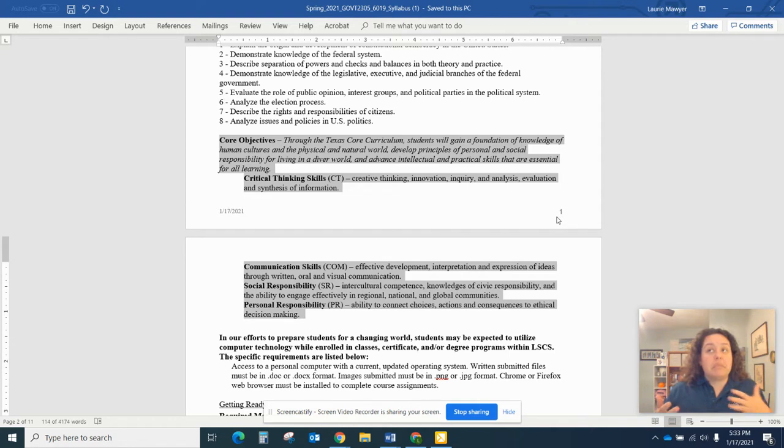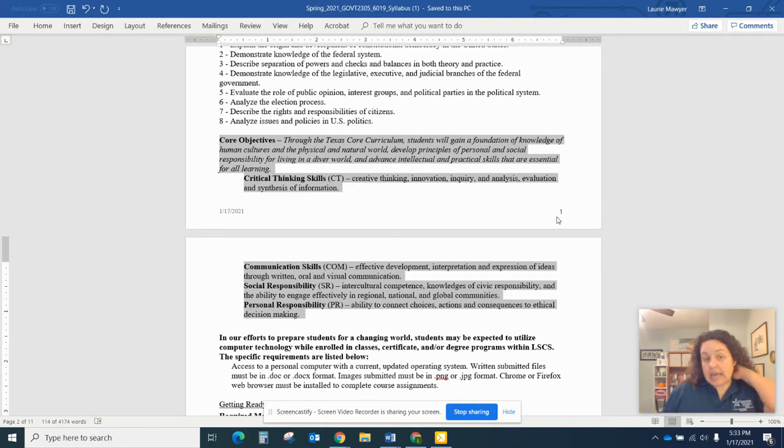So maybe not my best time spent, but it is, because my job is to fulfill meeting these core objectives as set by the Texas legislature and the Higher Education Coordinating Board that basically gives accreditation to Lone Star College.